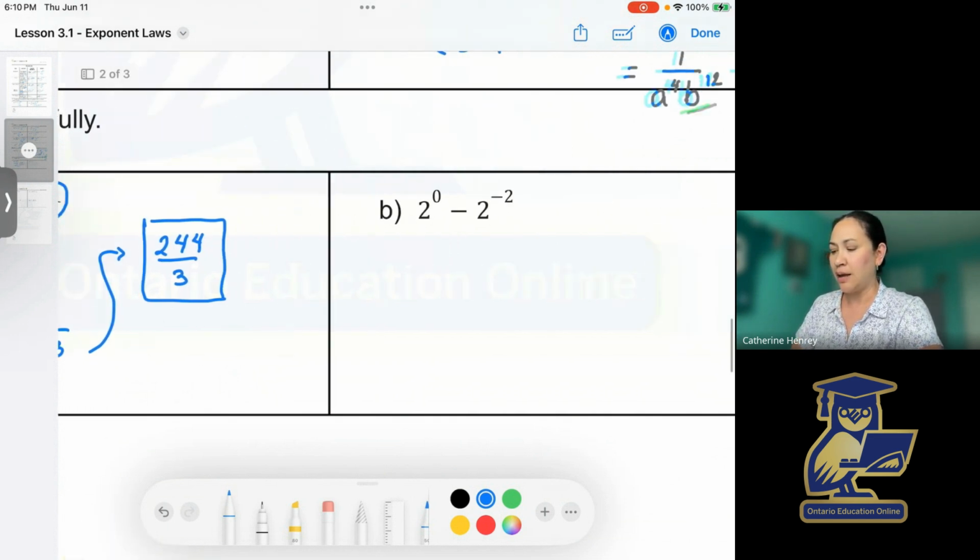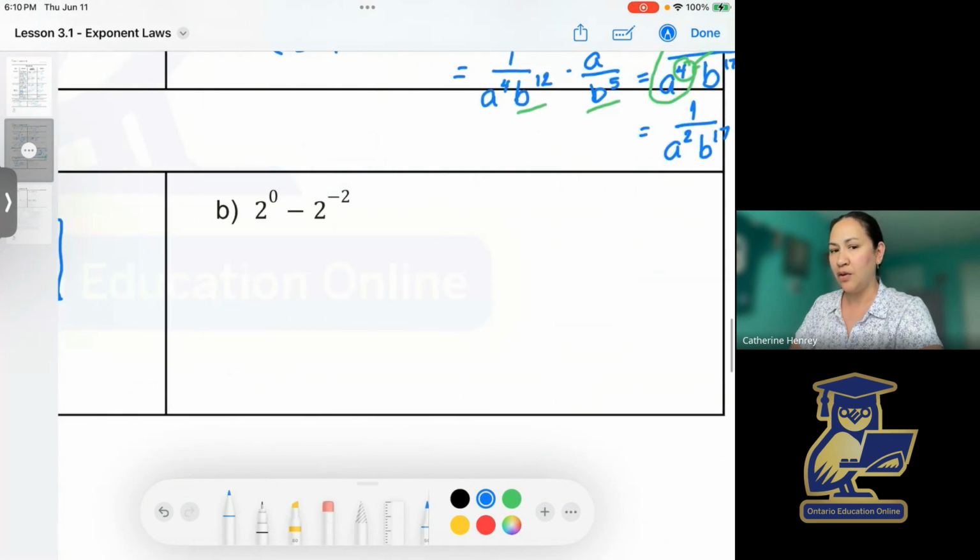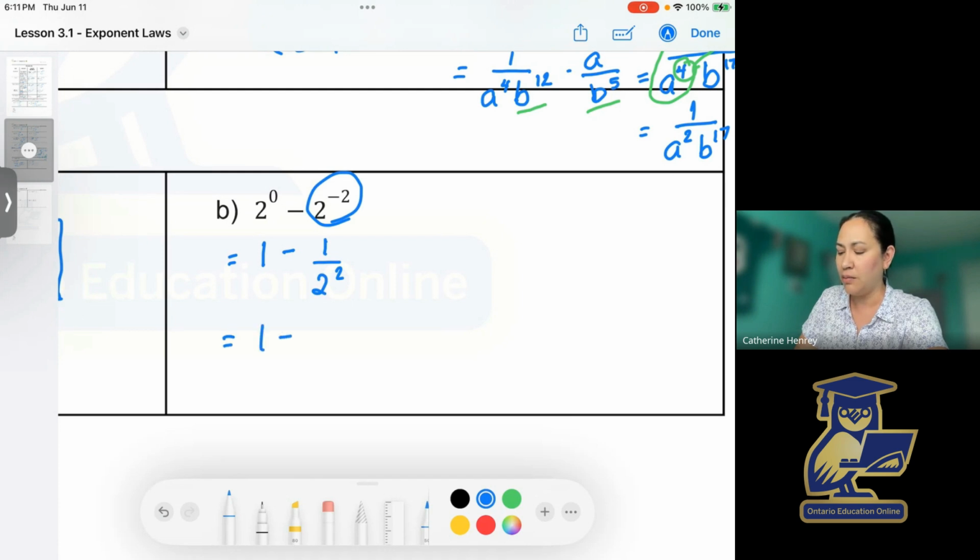Let's take a look at B. Here we have a 0 exponent, and we know that anything to the power of 0 is 1. Then we have a negative exponent, and to make that positive, we have to take the reciprocal. So this is going to be minus 1 over 2, and we make that exponent positive. So if I simplify that fraction, I'm going to have 1 minus 1 over 4.